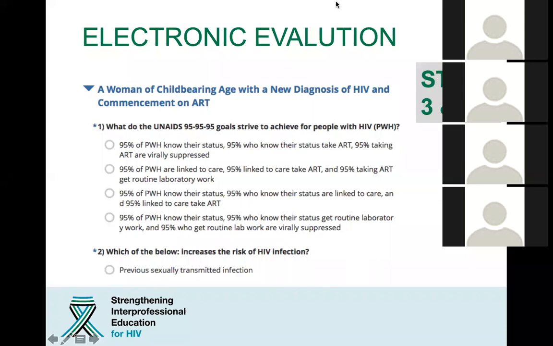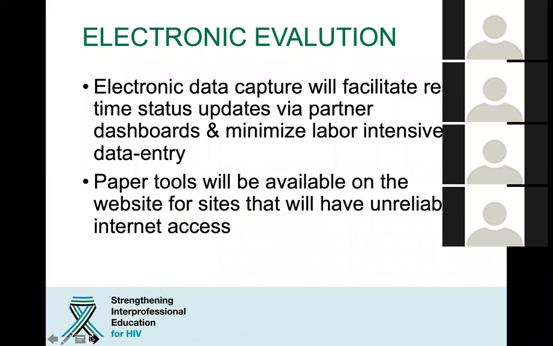So just to complete, we have electronic evaluation. You can go to the next slide, Mike. The purpose, as I just explained, is to facilitate real-time data capture and minimize data entry for each of our partners. But we all know that there will be sites and always issues that we need to be ahead of. So there will be paper tools available also on the website for sites that won't have reliable internet access.